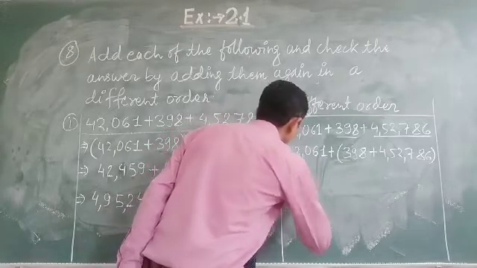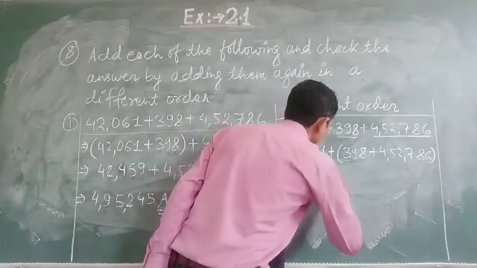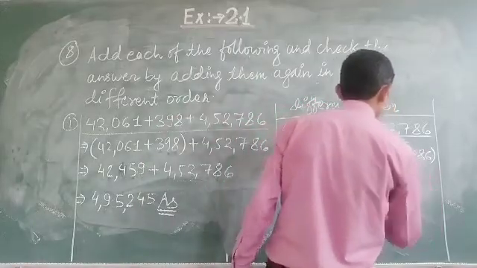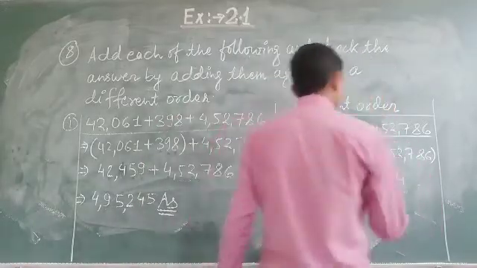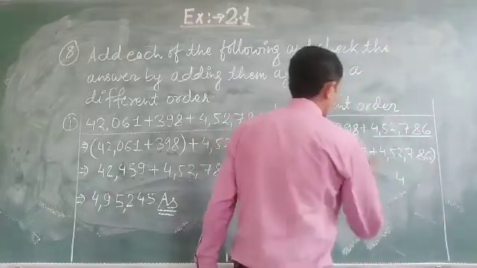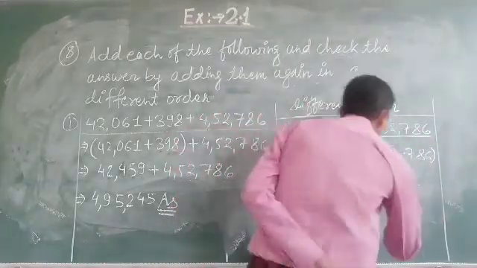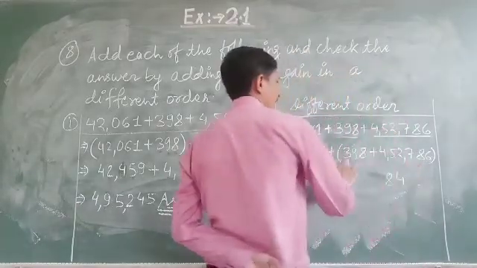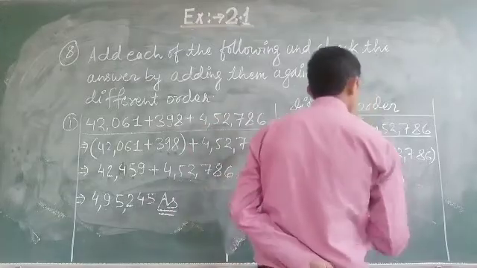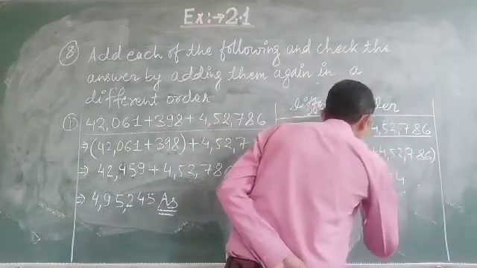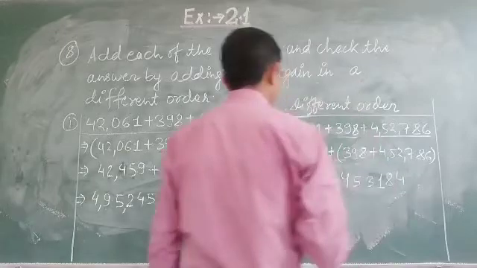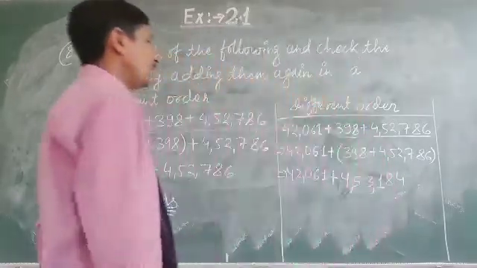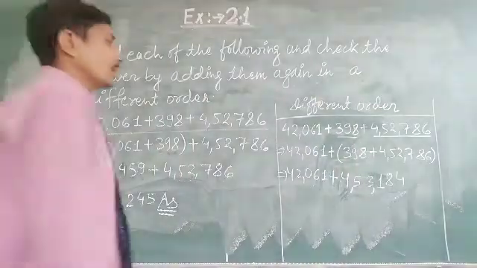So now 42061 plus 398: 8 plus 1, 9, 9 plus 6, 15, and so on, and we get the answer 4,53,184.